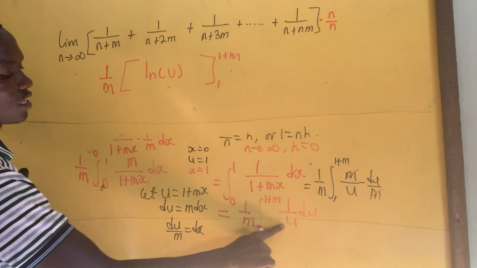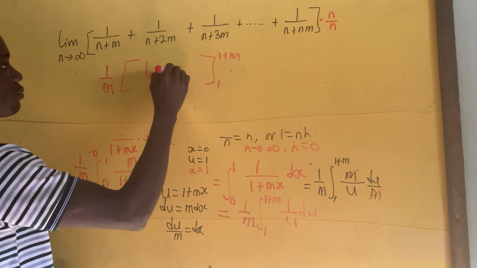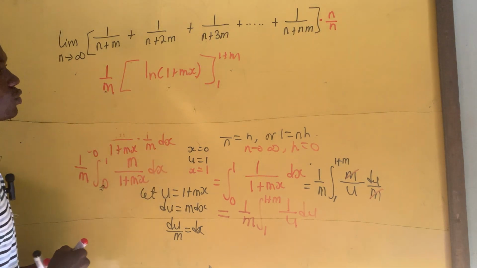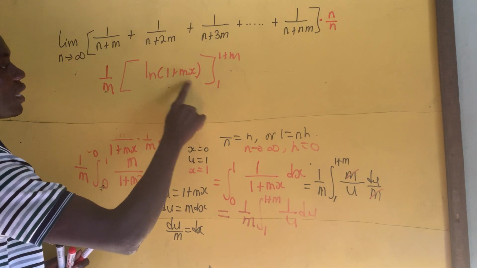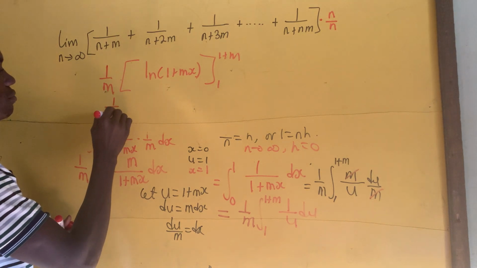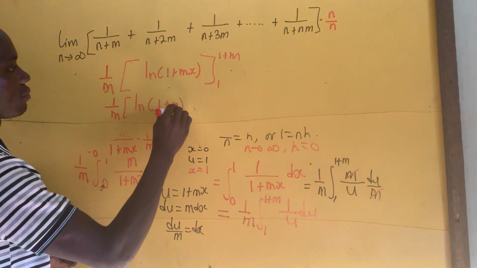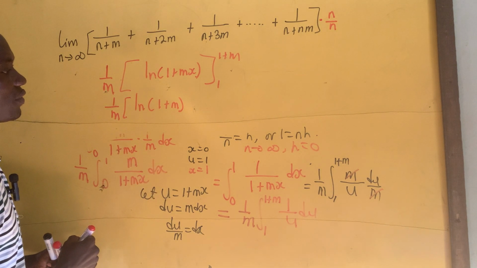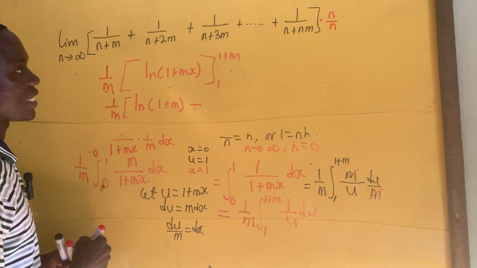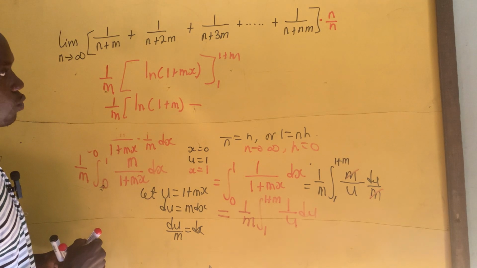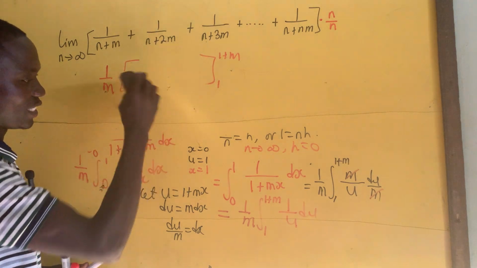But what is u? u is 1 plus mx. Wow, that would be a big mistake because we've made the u substitution.